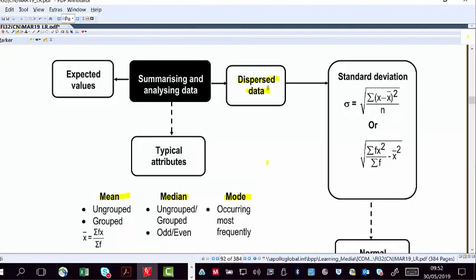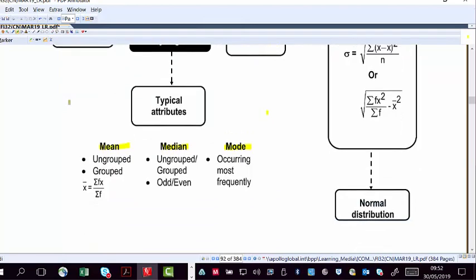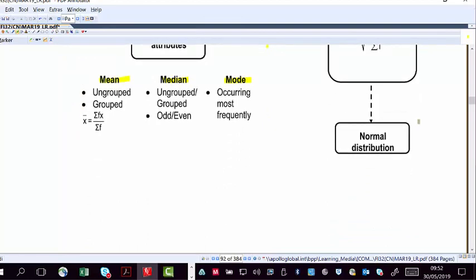So we need to be able to calculate the variance, the standard deviation, and the coefficient of variation. The third learning outcome in relation to calculations covered expected values. And then we needed to be able to explain and interpret normal distribution graphs and tables. Let's work through each in turn.